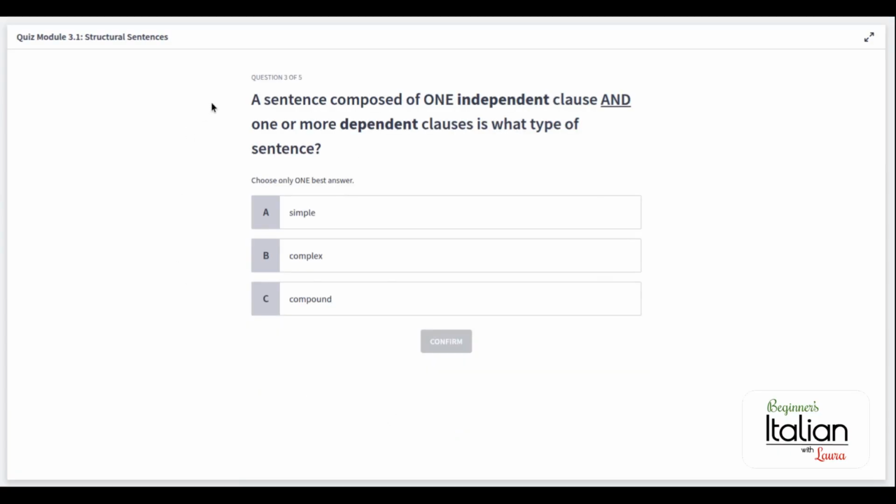Number 3, a sentence composed of one independent clause and one or more dependent clauses is what type of sentence? Choose only one best answer. A, simple, B, complex, or C, compound.